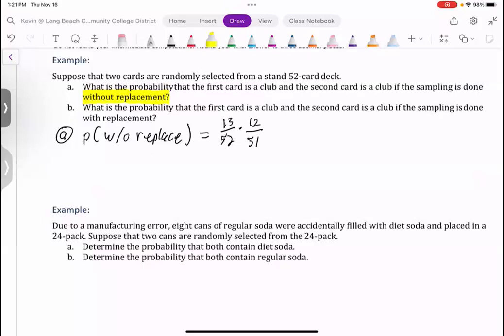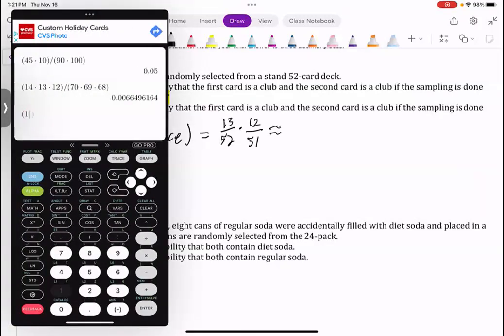So let's see what we get here. 13 times 12 divided by 52 times 51. They don't say where to round this one off. 0.588, I'll say.